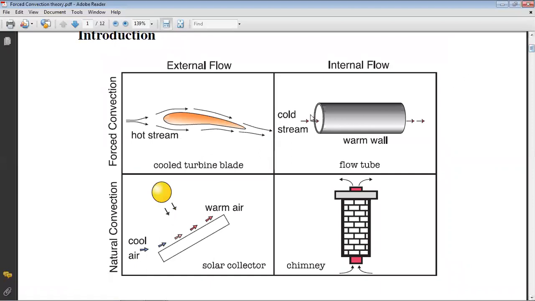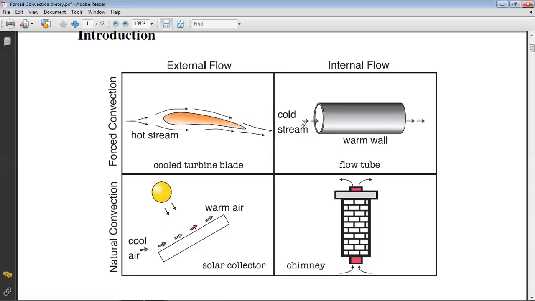Now, flow over this can be considered as forced convection provided the flow of fluid is supported by an external agent. For example, a blower in this case. Now, this is an example for internal flow where the flow is occurring inside the pipe or a tube.